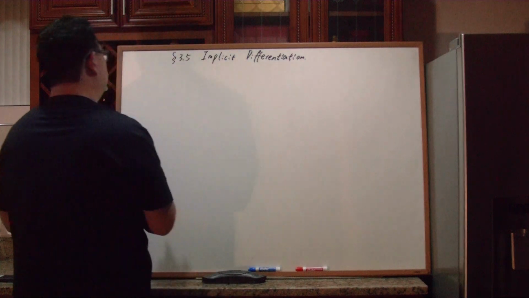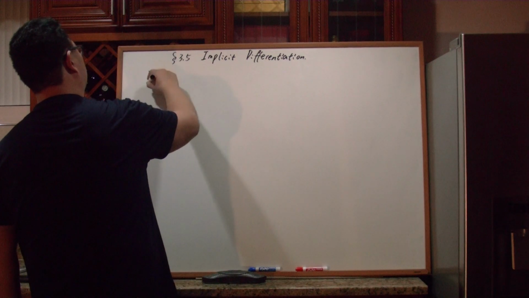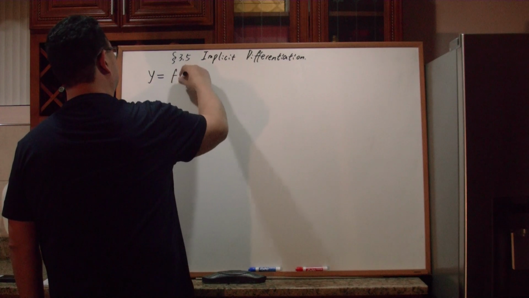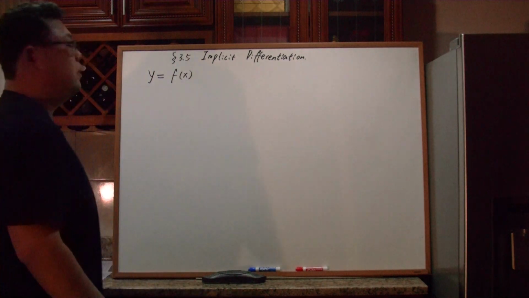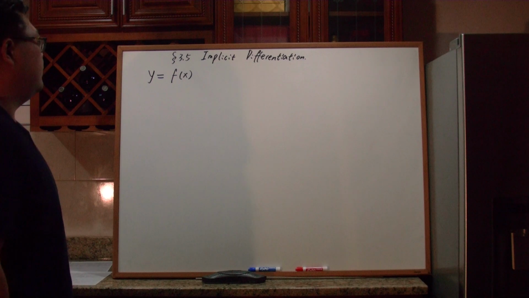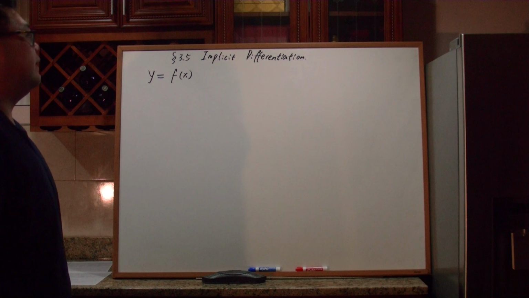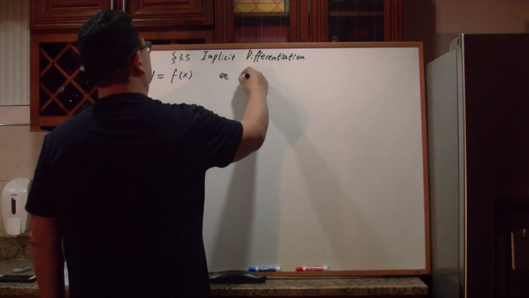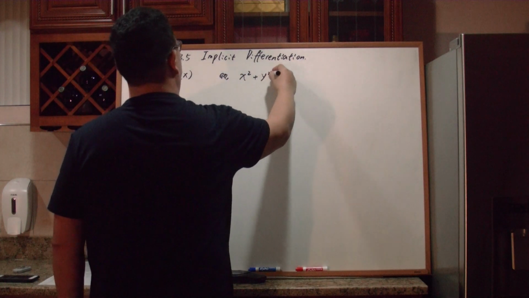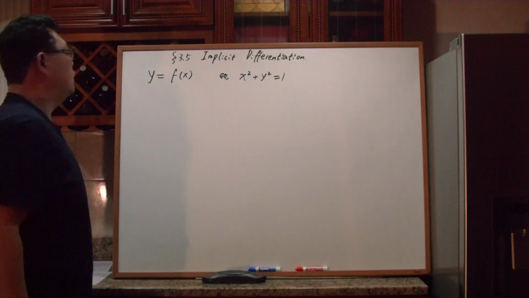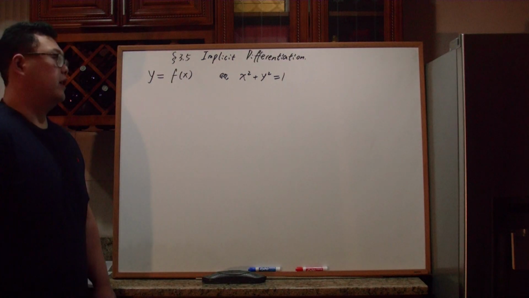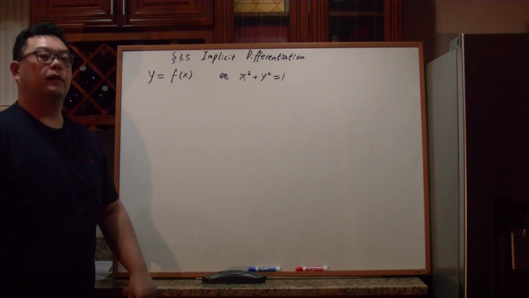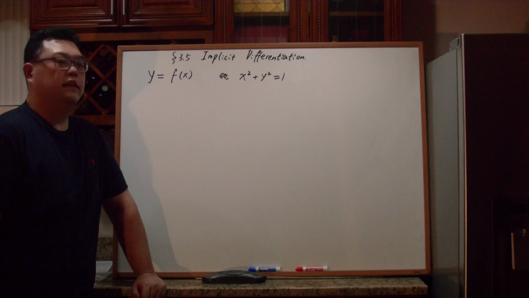Well, the basic idea is that y is a function of x. So our y may be in an implicit function, such as, for example, the unit circle. I know that y is an expression of x, but y is somehow also a composite function inside the equation.